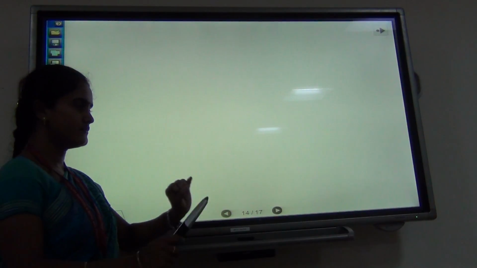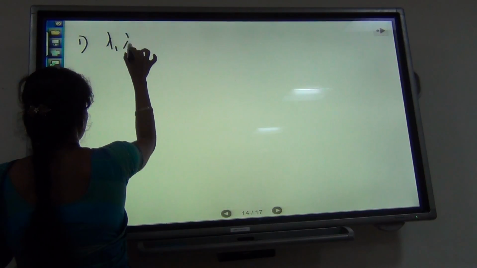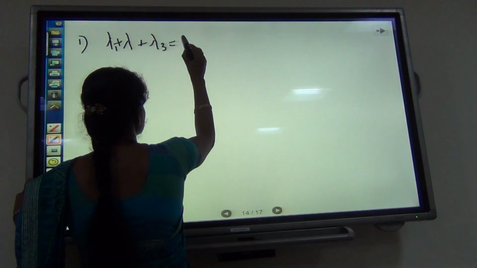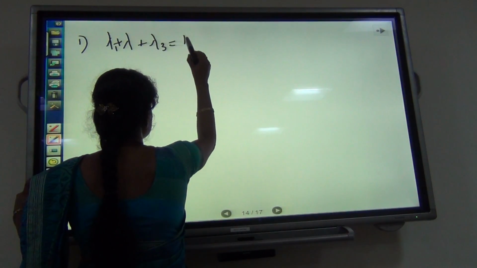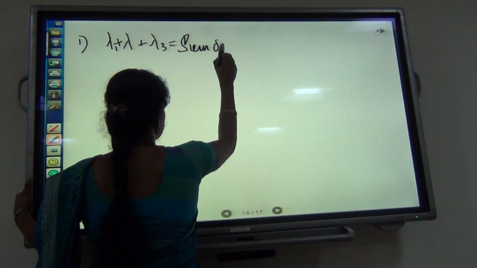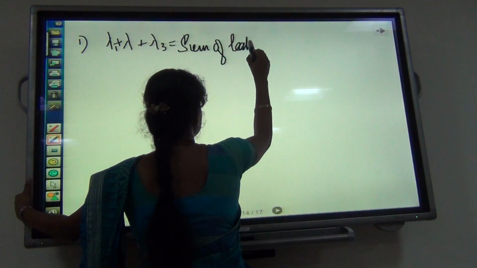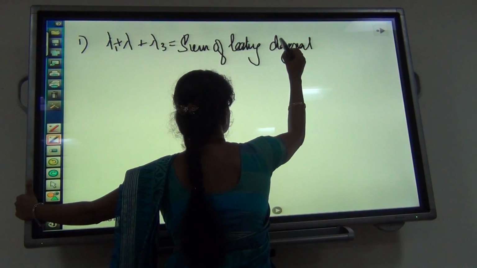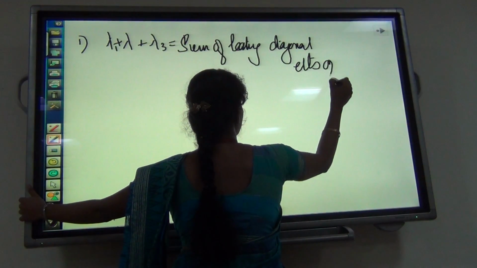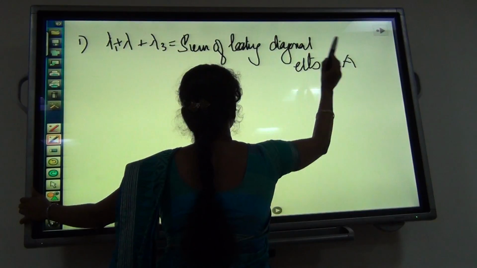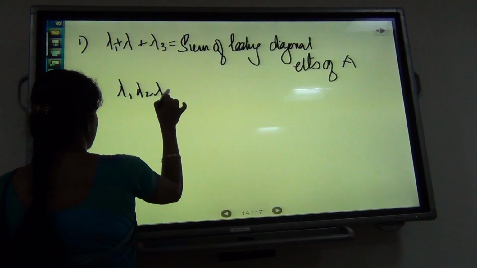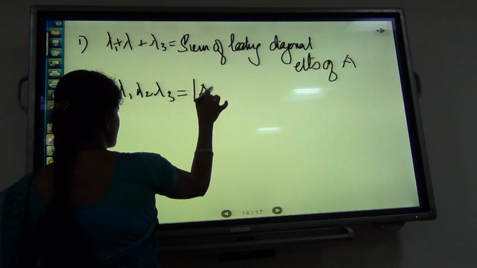If you have to recall, the sum of the eigenvalues, lambda 1 plus lambda 2 plus lambda 3, is equal to the trace of the matrix, that is, the sum of the leading diagonal elements of matrix A. This is the first property. And the second one: the product lambda 1, lambda 2, lambda 3 is equal to the determinant of A.